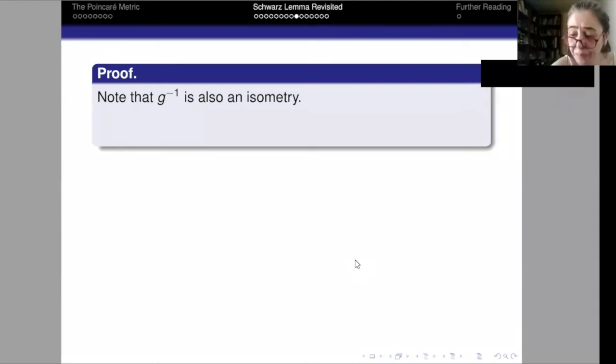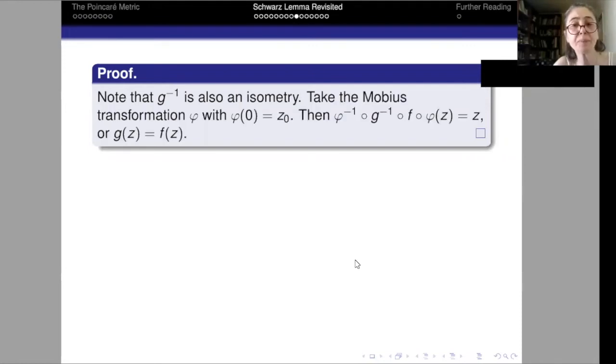So again, we take the Möbius transformation which takes 0 to z0. Then the inverse of this Möbius transformation composed with the inverse of g, composed with f, composed with the Möbius transformation is equal to the identity z. And if we rewrite this in another way, this means that g(z) is equal to f(z).